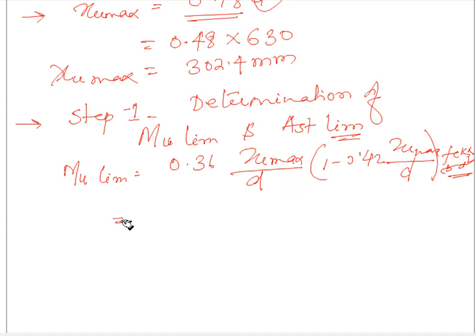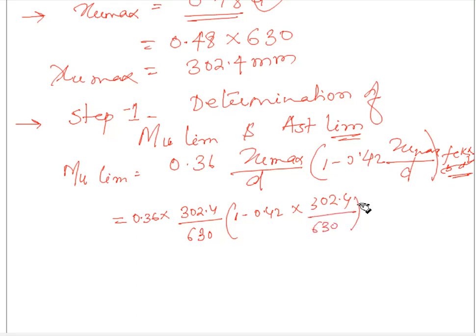So it equals 0.36 times 302.4 by 630, into 1 minus 0.42 times 302.4 by 630, times FCK which is 20, B which is 300, D square which is 630 square.